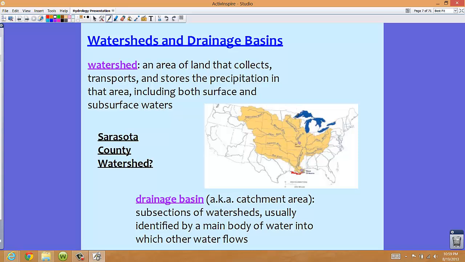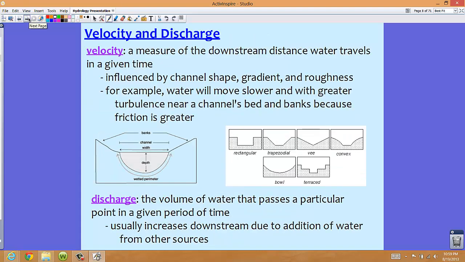The Mississippi doesn't have any major tributaries up towards the top. But as we go downstream, notice all the rivers coming from other places in the United States are connecting to that Mississippi River. And it's going to increase the discharge, the amount of water, and it might even increase its velocity, the speed of it as well.